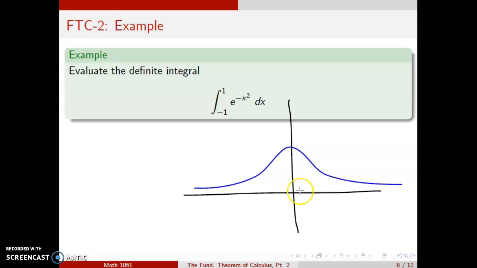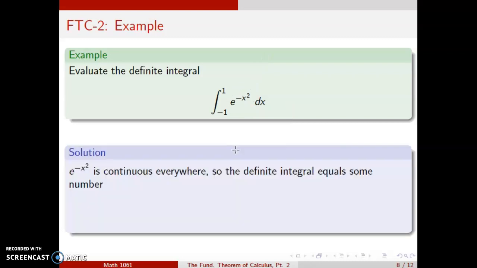It's going to be symmetric about the y-axis, and maybe we're thinking about an area argument, where we're trying to basically find that area. This is going to be a big problem, though. We don't have a nice form for this. It's not only that we can't find it, you can show that it doesn't exist in terms of the nice functions that we work with for an antiderivative.